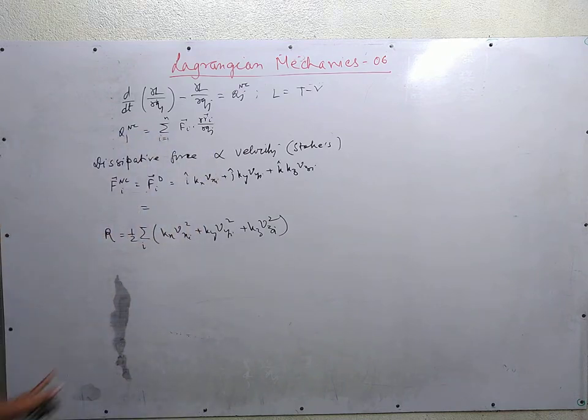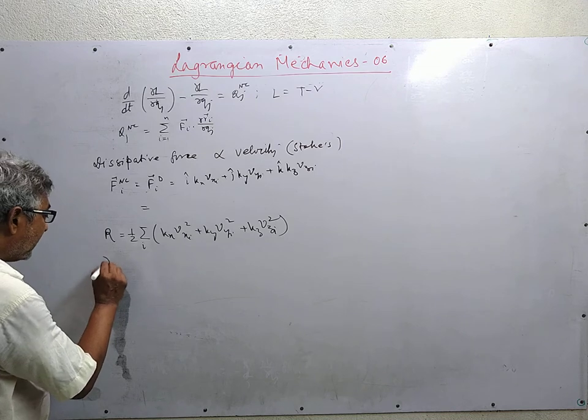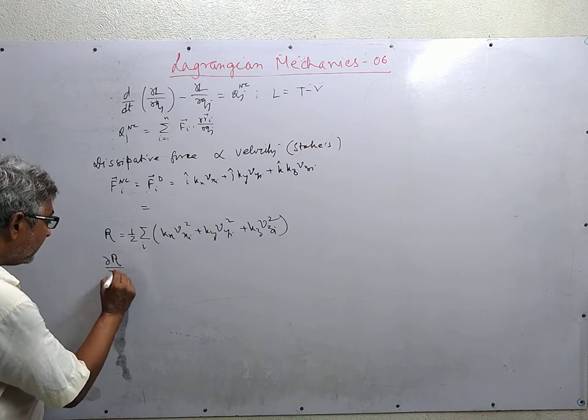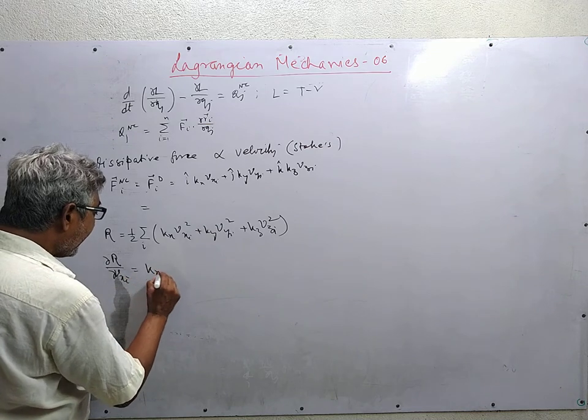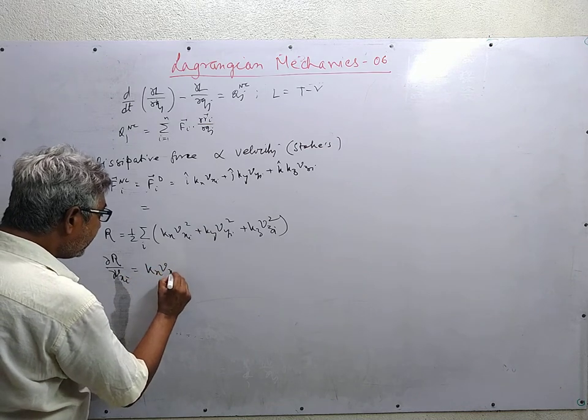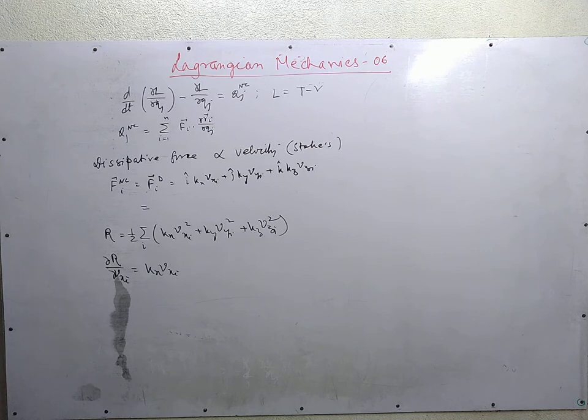If we differentiate it with respect to Vxi, that is del R del Vxi, it is equal to kx Vxi.